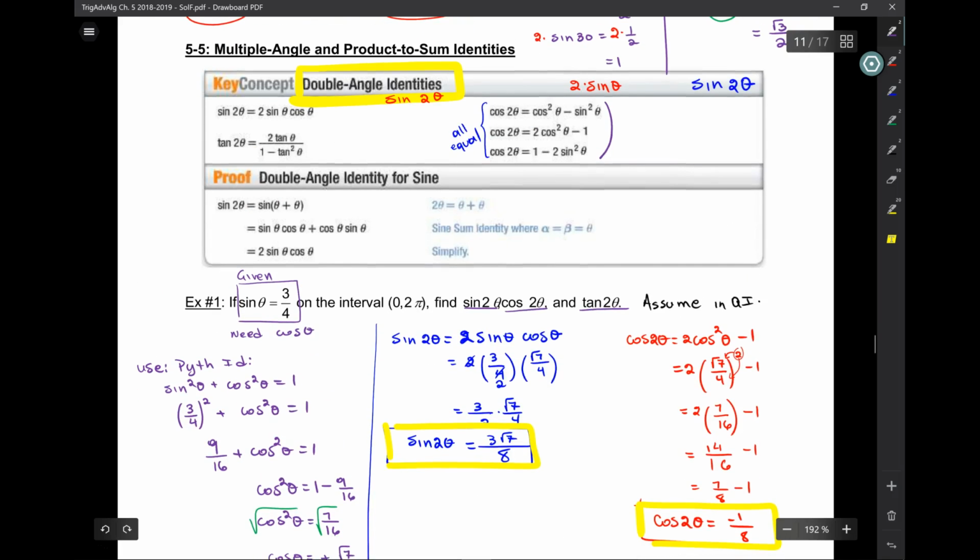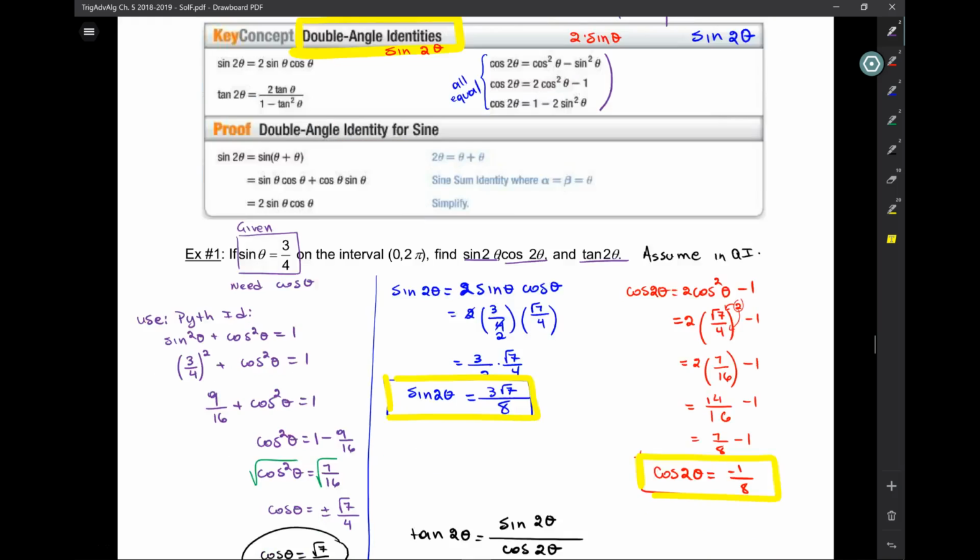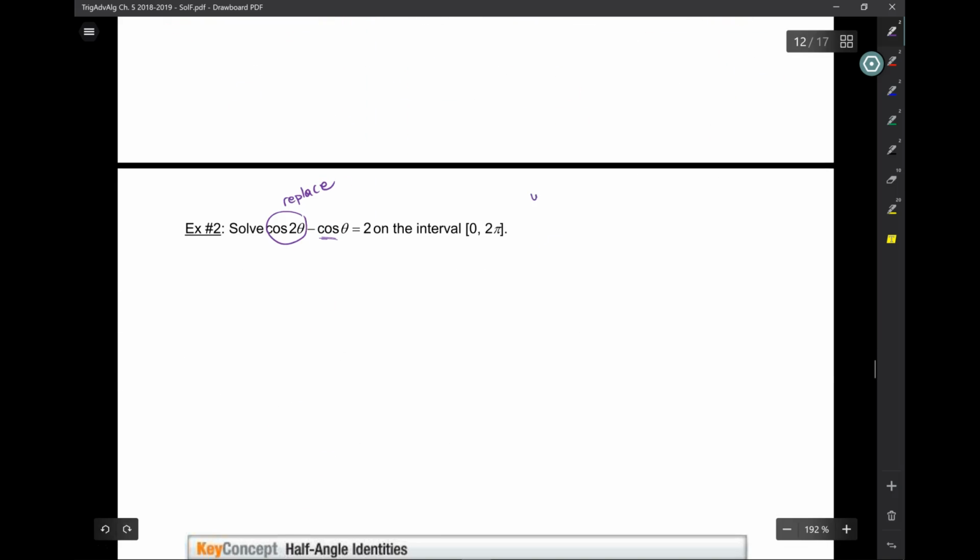So the best one to choose is that middle one, because that middle one only has cosines in there. So I'm going to use the identity that says cosine 2 theta is equal to 2 cosine squared theta minus 1, right?